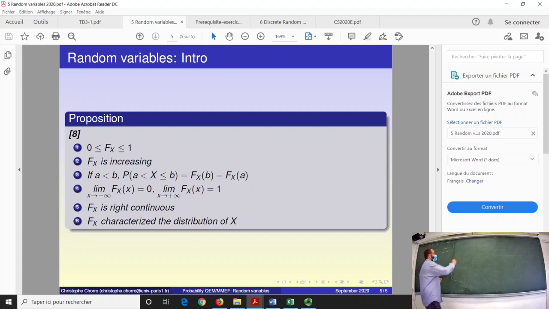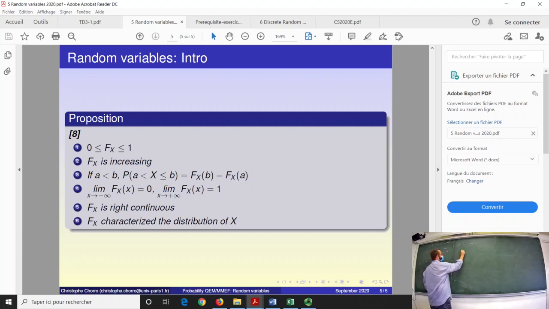Okay. So let's prove that F_X is increasing. Not necessarily strictly increasing, but increasing. So to prove this, what do I have to prove?